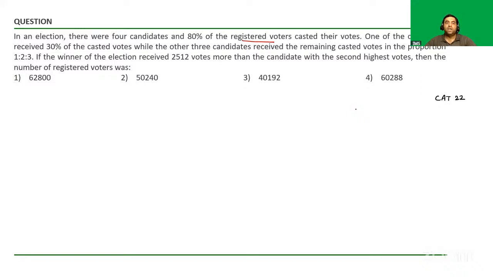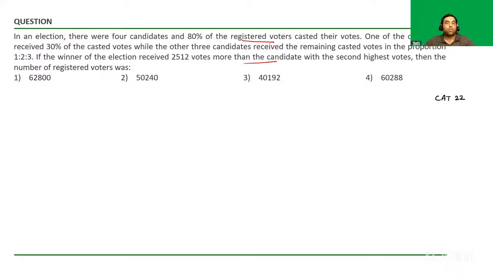One of the candidates received 30% of the casted votes, while the other 3 candidates received the remaining casted votes in the proportion 1:2:3. If the winner of the election received 2512 votes more than the candidate with the second highest votes, then the number of registered voters was.